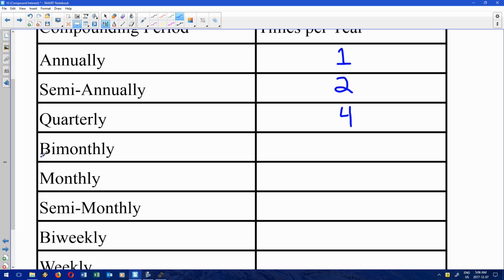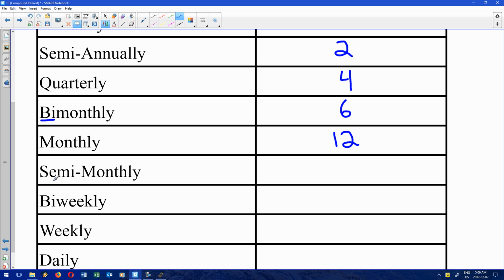Bi-monthly, bi, like bicycle, meaning 2. Bi-monthly means every second month, so this is going to be 6. So every other month you would deposit your interest. Monthly is 12.